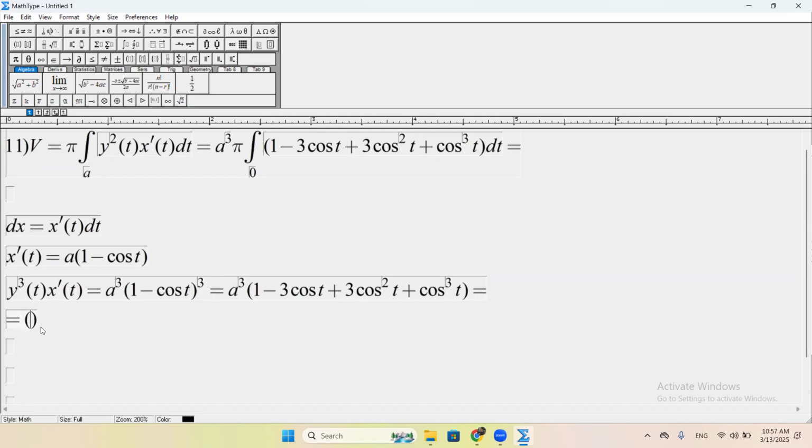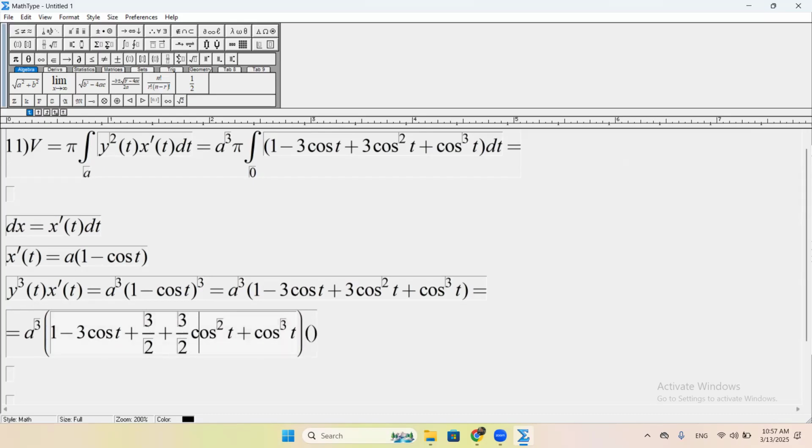So a cube, and here plus 3 over 2 cosine of t plus 3 over 2 cosine of 2t.